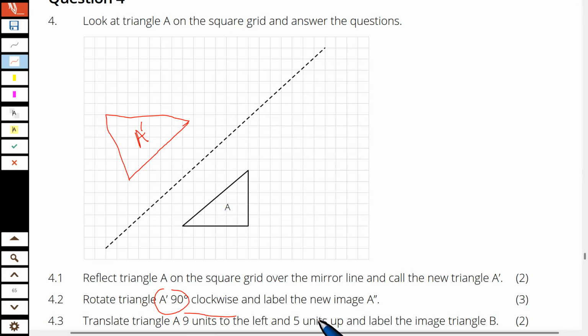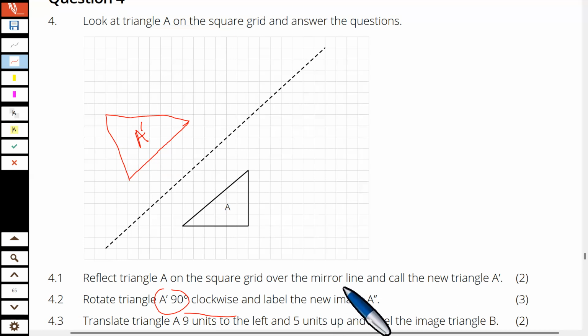Would it be back on the other side? 90 degrees clockwise. Obviously, you need to take one corner and rotate it 90 degrees clockwise.